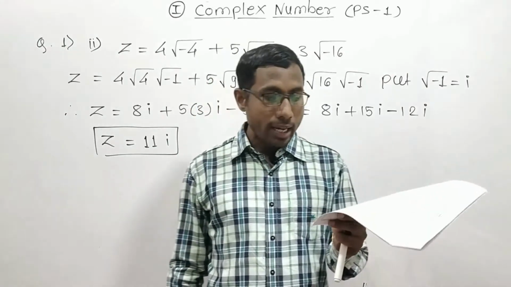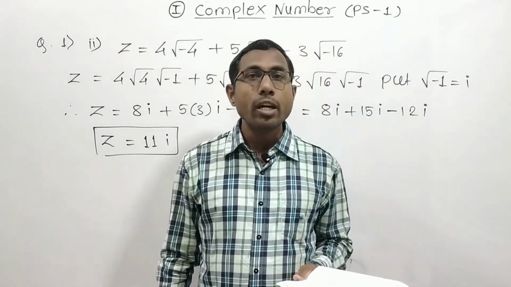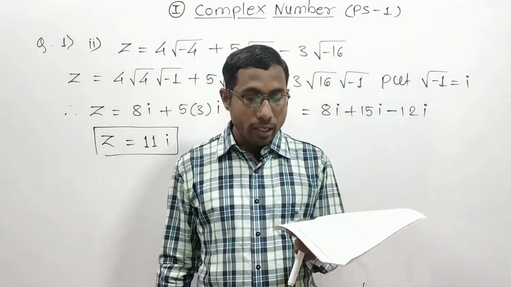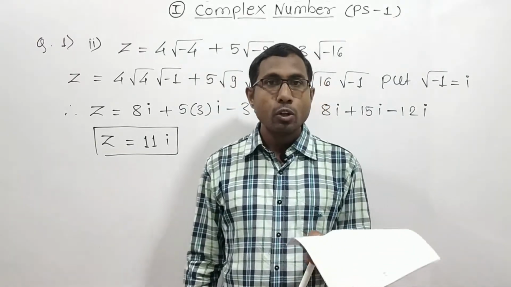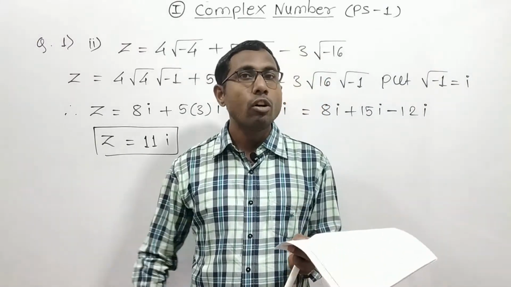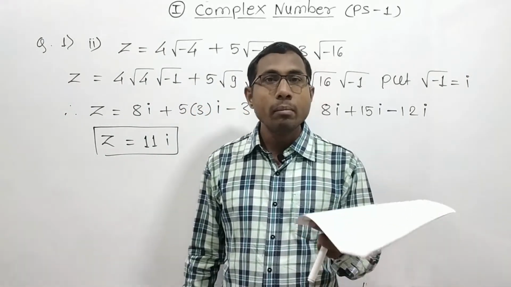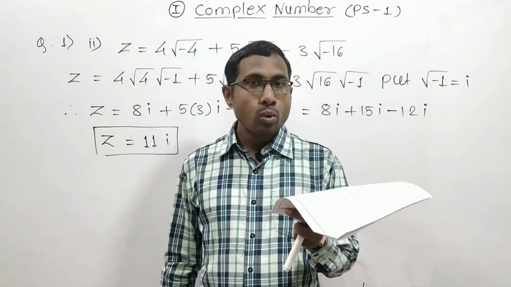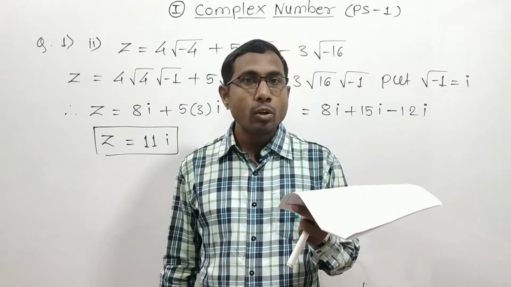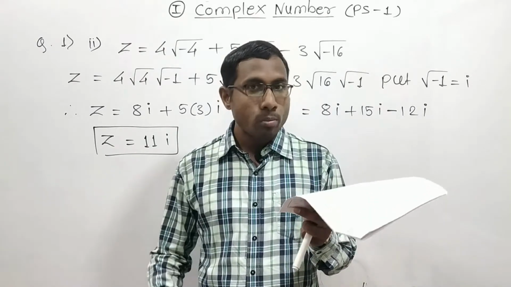Fourth bit is already covered. Fifth bit 5i, conjugate will be minus 5i. Bit number 6 root 5 minus i, conjugate will be root 5 plus i. Next, bit number 7 root 2 plus root 3, conjugate will be root 2 minus root 3.